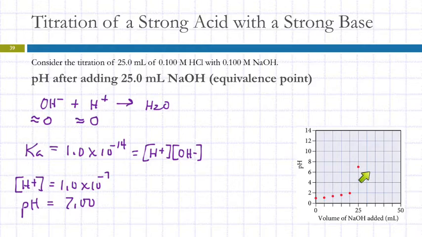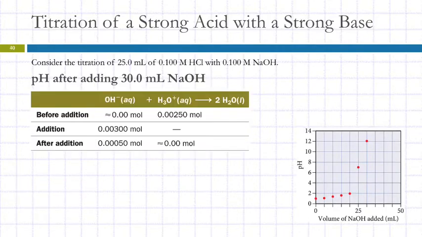Okay, so we've got our pH at the equivalence point. Now we've got 30 milliliters of sodium hydroxide. Before, we had approximately 0. It's actually 10 to the minus 7, but that's so small compared to these other things that we say it's essentially 0. Starting with the 0.0025, now we've added 0.00300 moles of the hydroxide.